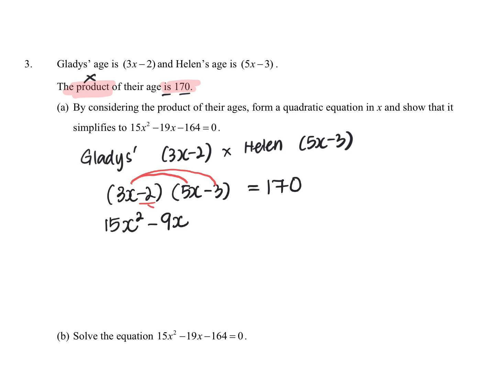Then -2 times 5x is -10x. Then -2 times -3, negative times negative gives you positive, 2 times 3 is 6. Equals to the number 170.